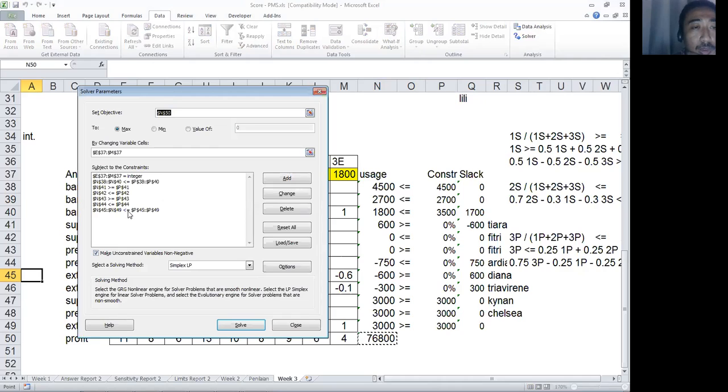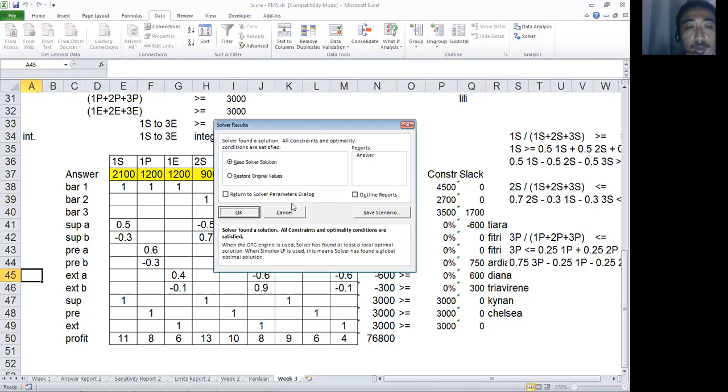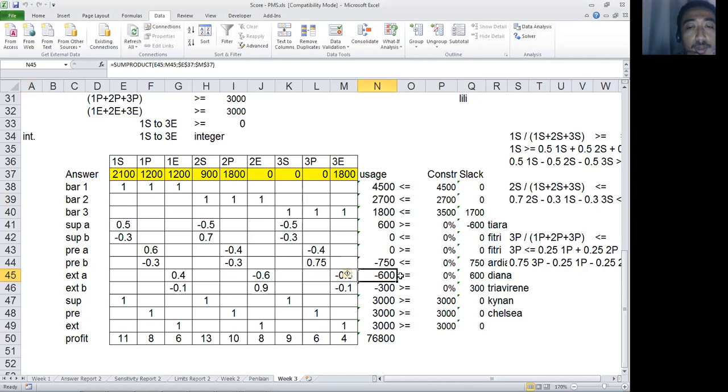Less than or equal this one, and then more than, less than, more than, less than, and then less than. Maybe there is some problem with the question, or maybe there is a missing parameter here. We will check about this later.